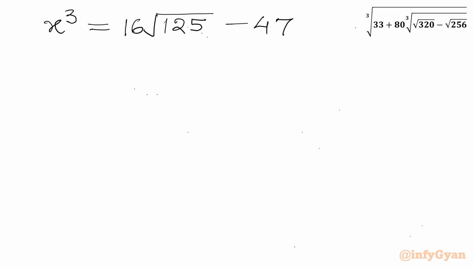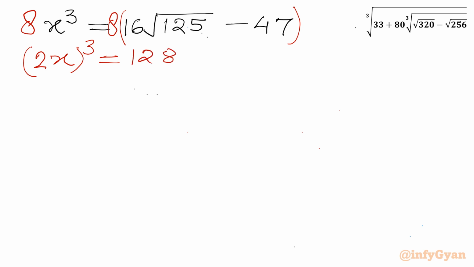Now I will use again Simon's favorite factoring trick. So I need to multiply both sides by 8. So I will write here 2x whole cube as LHS. RHS will be 8 times 16, so 128 square root 125 minus 8 times 47, 376.